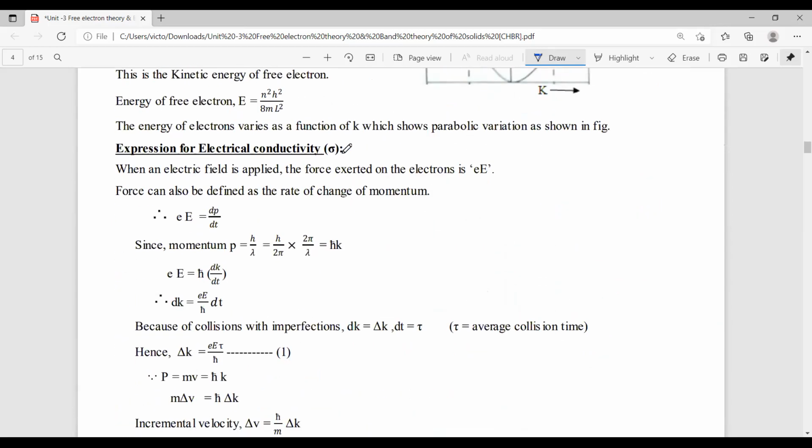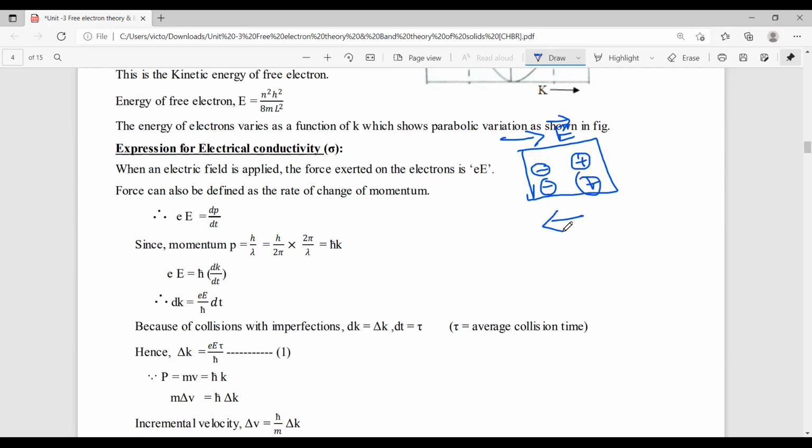Now, this is a very important concept, which we discussed in classical free electron theory also: the expression for the electrical conductivity on the basis of quantum free electron theory. When we apply an external electric field to the metal, the negative charges move opposite to the field direction.